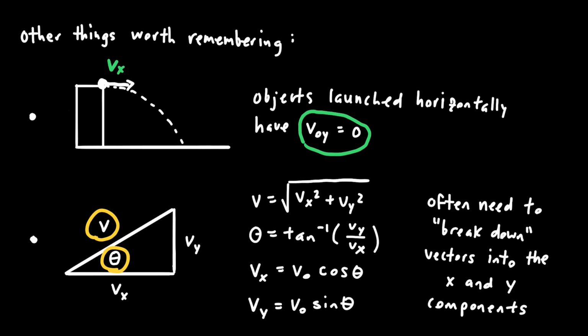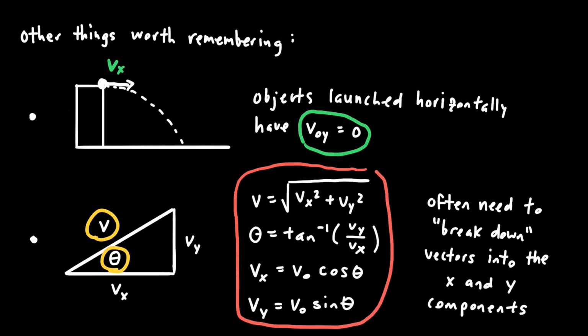And so there are actually 4 equations that are important when we start to break down vectors into their components, or when we start to take the components of a vector and build them up to talk about the total quantity. First, Pythagorean's theorem relates the 3 sides. Each side squared, added up, and then square rooted gives us the hypotenuse.